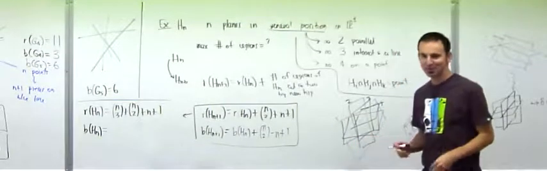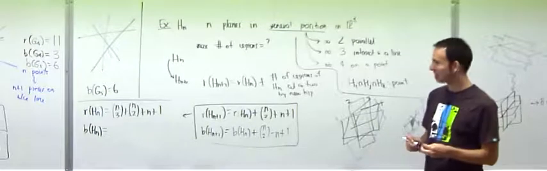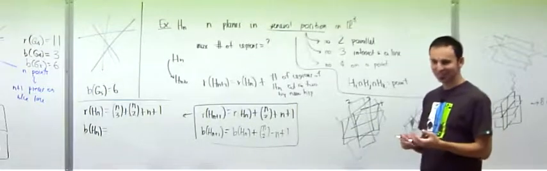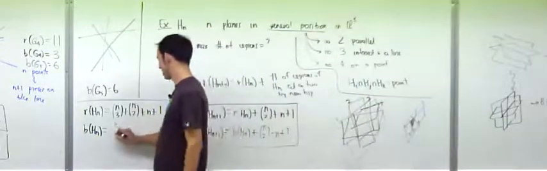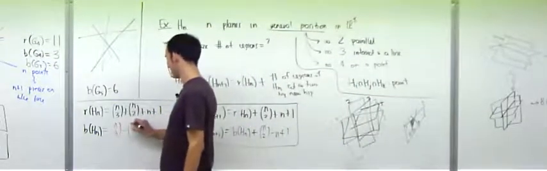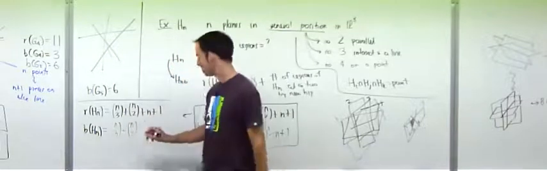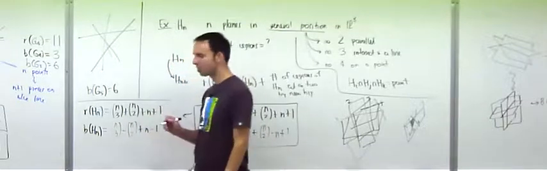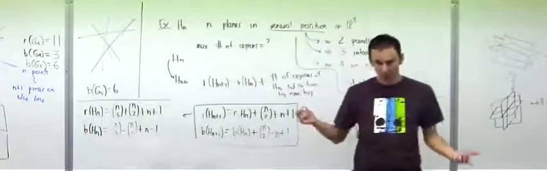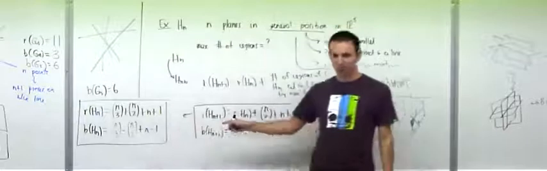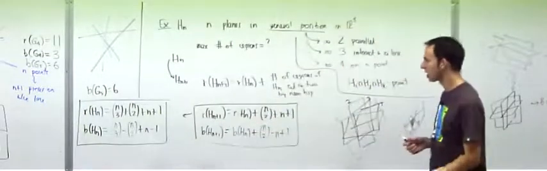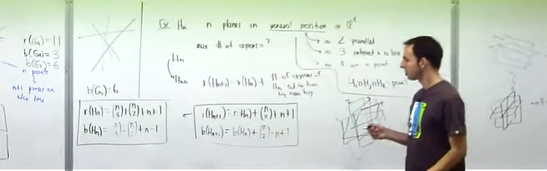Just for aesthetic reasons, you might hope that something is the answer. Minus n choose 2 plus n minus 1. Is that true? It's true. That's what I want to be true. It's what you want to be true, and it is true. Okay. And you'll have no trouble proving it from this.